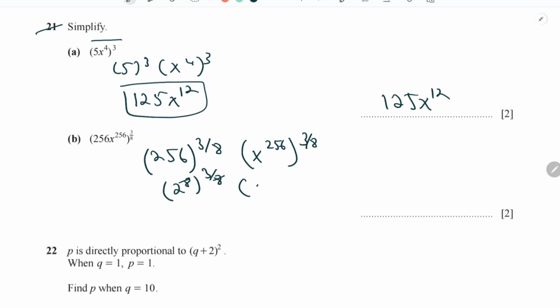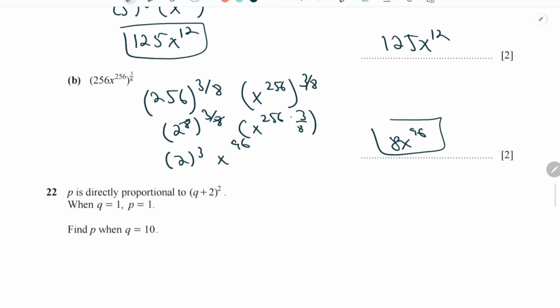Now we write 2 exponent 8 times 3 over 8, so we get 2 cubed, that is 8. So the answer is 8.